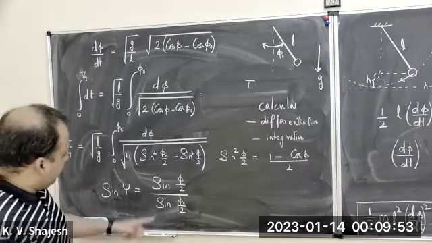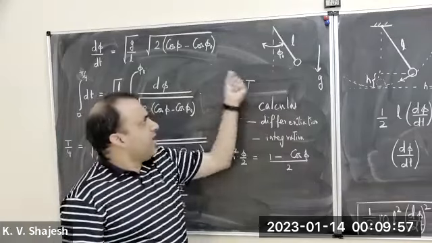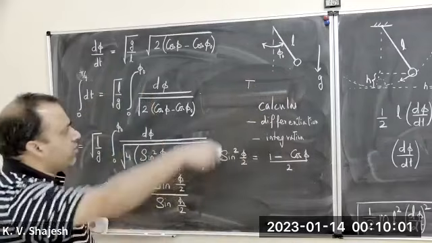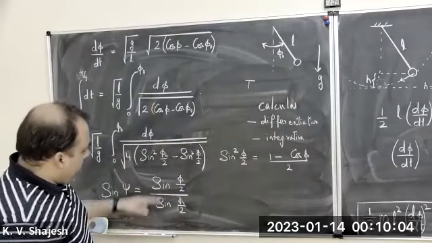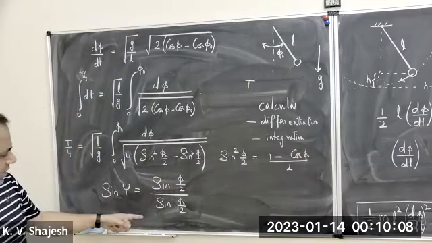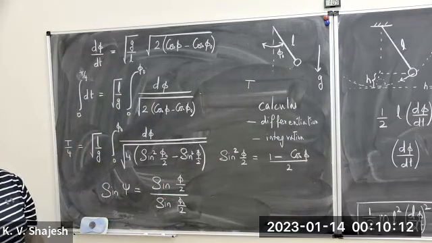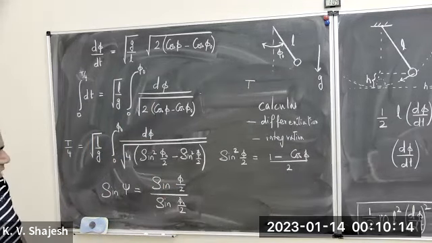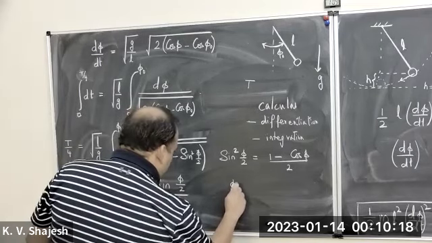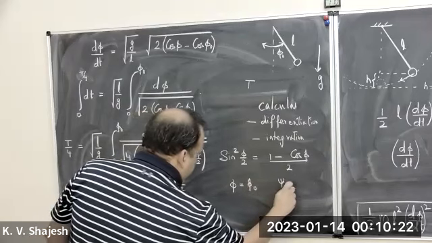What this means is that when phi is equal to phi naught, so phi, remember, is an angle that is evolving, at time t equal to 0, or the initial time when the angle phi is equal to phi naught, the right side is exactly equal to 1. If sine of an angle is equal to 1, it means that psi is equal to pi by 2. So when phi is equal to phi naught, psi is equal to pi by 2.